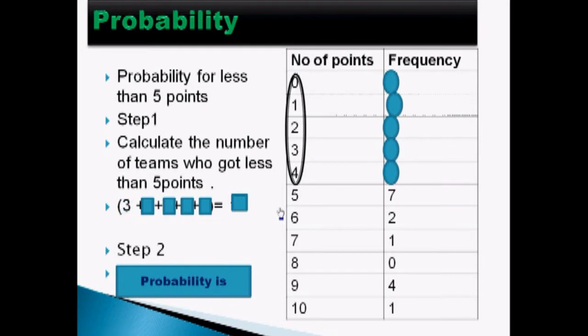So the frequency, this 3 right here is the frequency or the number of teams who got what? Who got 0 points. Then the 2 is the number of teams that got what? 1 point.